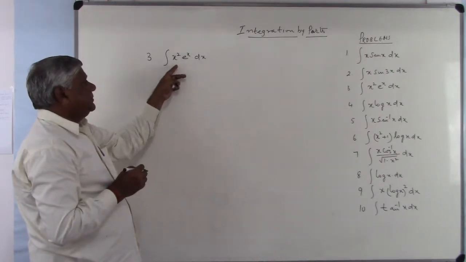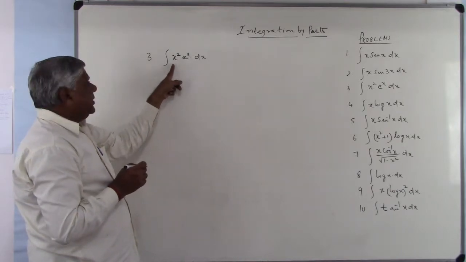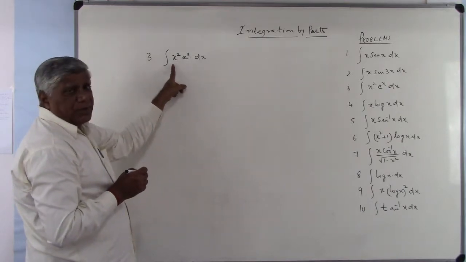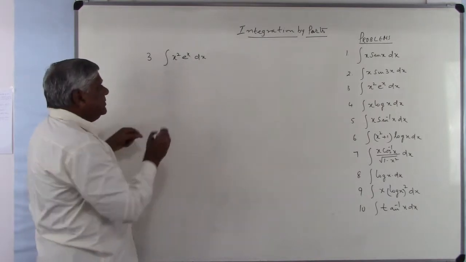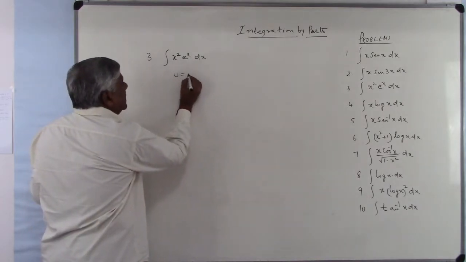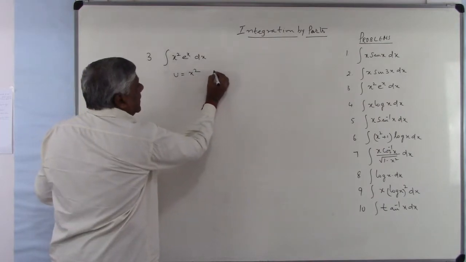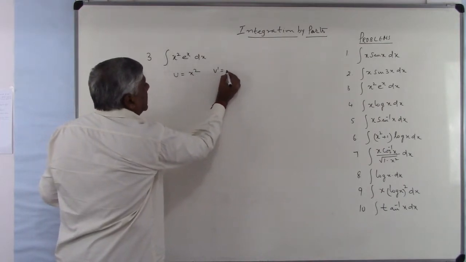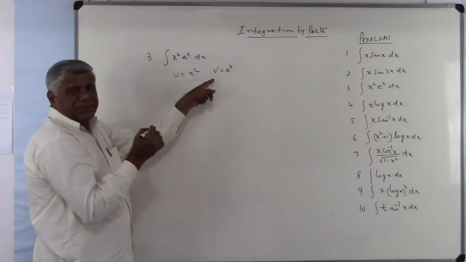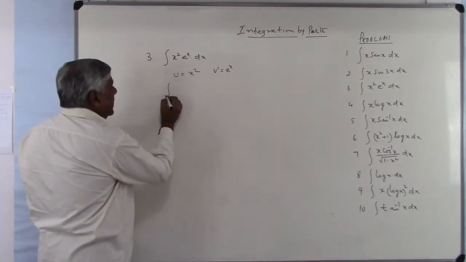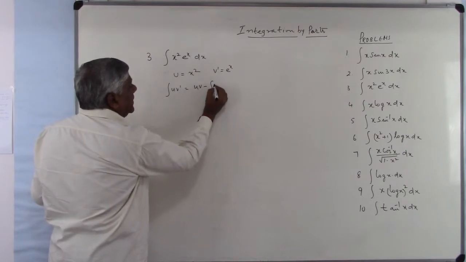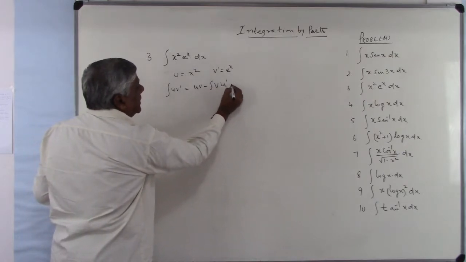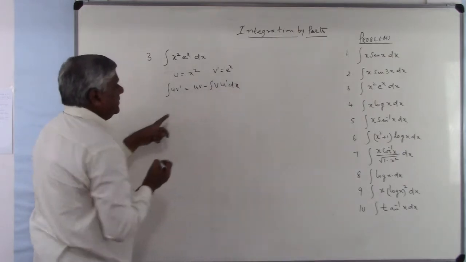See here, this is a particular case of algebra and exponential. So for algebra and exponential, first you have to take u as x square and v dash as e to the power of x. Therefore, integral uv dash is equal to uv minus integral vu dash into dx.